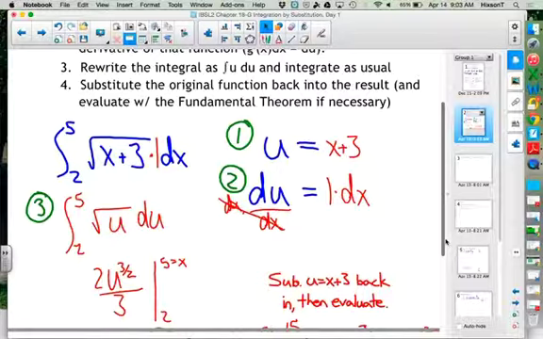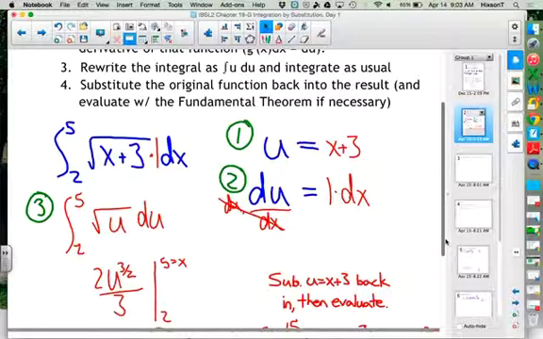Now, here's where students tend to mess up this process. If they've gotten this far, one common mistake is, with definite integrals, to just go ahead and try to evaluate right here. However, we were integrating from 2 to 5, but that was when we're dealing with x's.